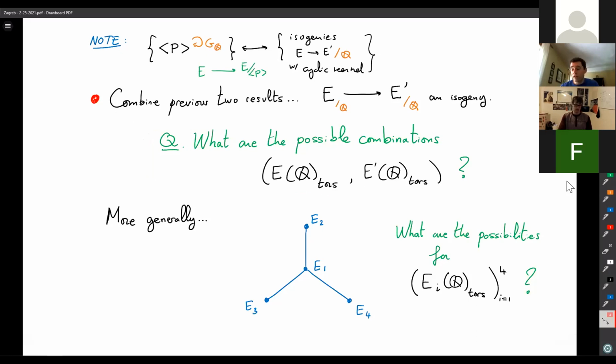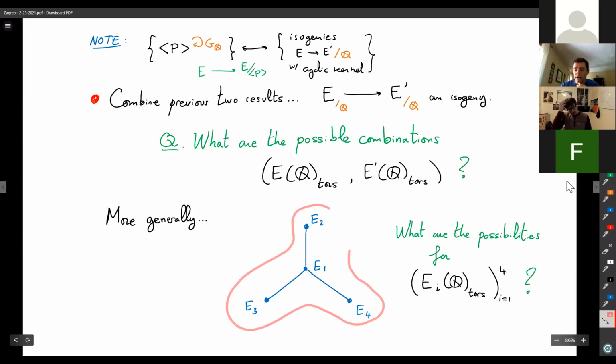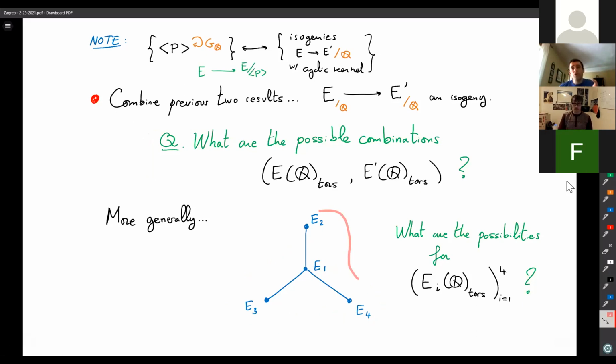More generally, if you have an elliptic curve E1, you can look at the entire isogeny graph, or the isogeny class, all the curves that are isogenous to that elliptic curve. For example, in this case, there is an isogeny class with 4 elements. And now we want to know what torsion subgroups can occur at each corner of a fixed isogeny class, at the same time.